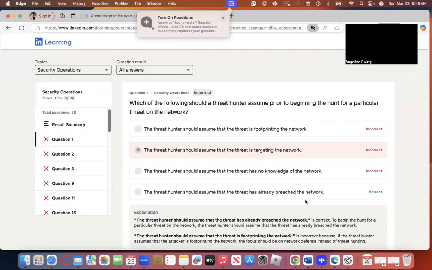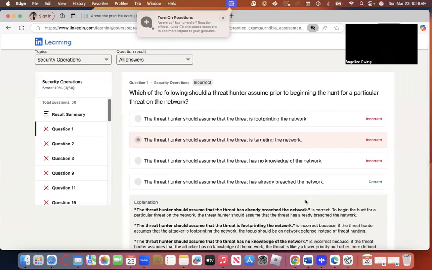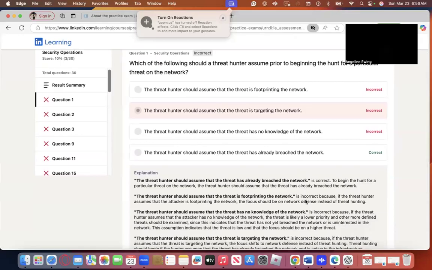To begin the threat hunt for a particular threat on the network, the threat hunter should assume that the threat has already breached the network. On the other hand, if the threat hunter assumes that the attacker is footprinting the network, the focus should be on network defense instead of threat hunting.